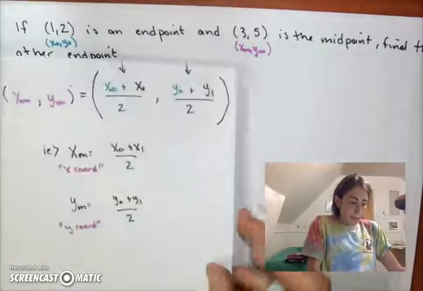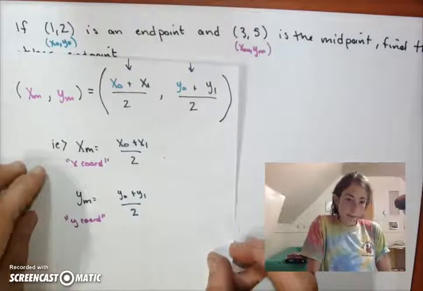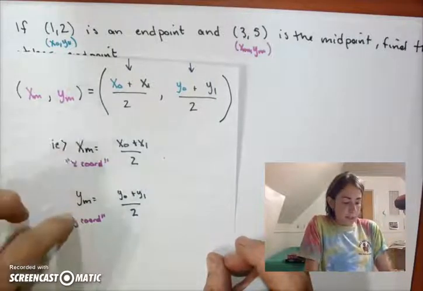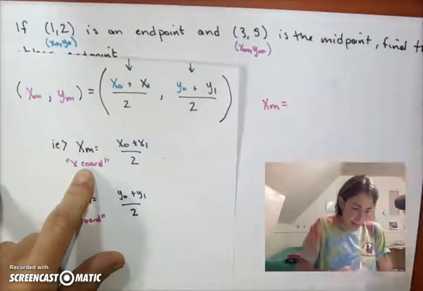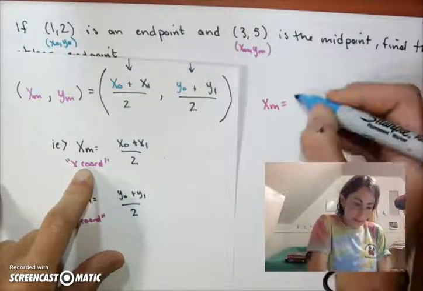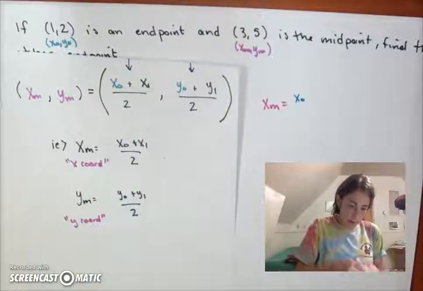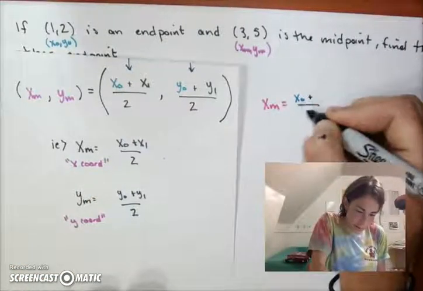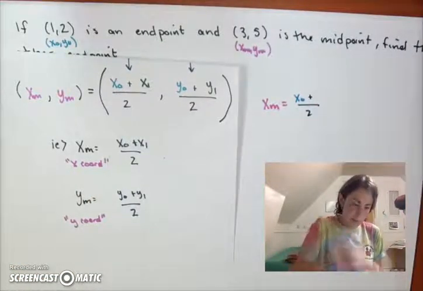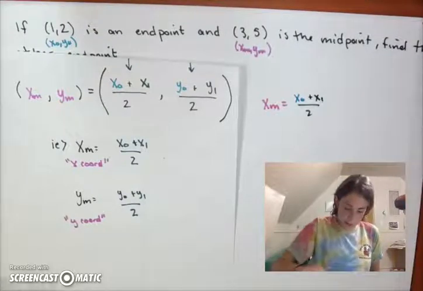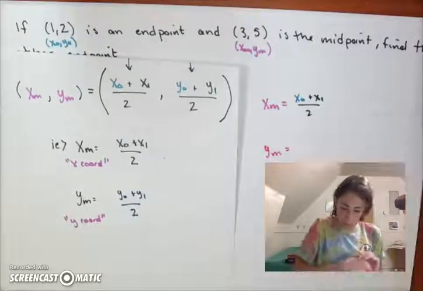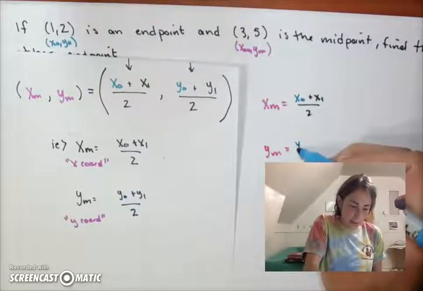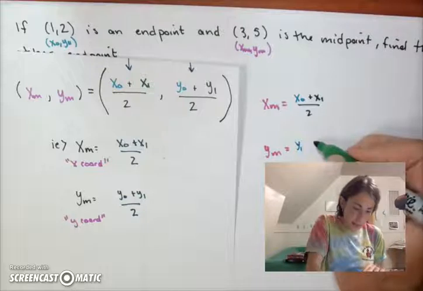If we refer back to this formula, we have these two different equations. xm, the x coordinate, is equal to the average of our two x coordinates at the endpoints. And ym is equal to the average of the y coordinates at the endpoints.